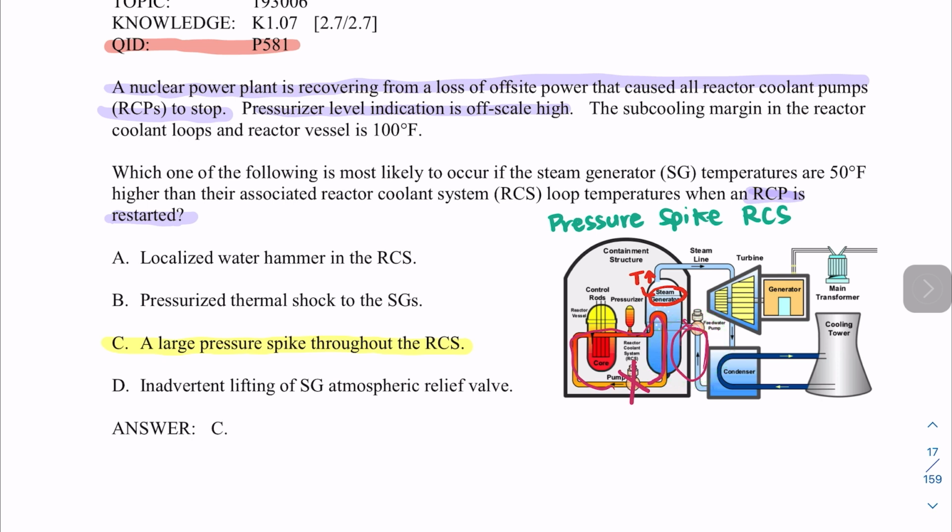It's not as cold as we think, like inside of a refrigerator, but it's colder than the other side in comparison. So we're going to have this thermal shock.